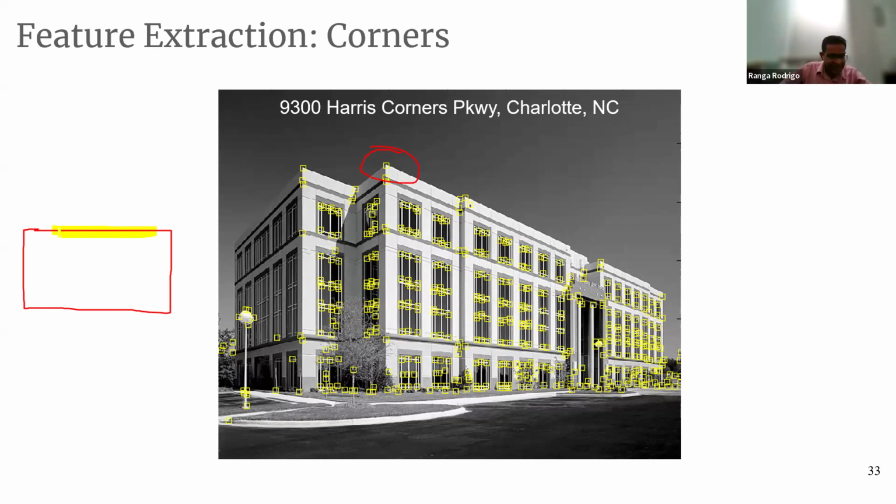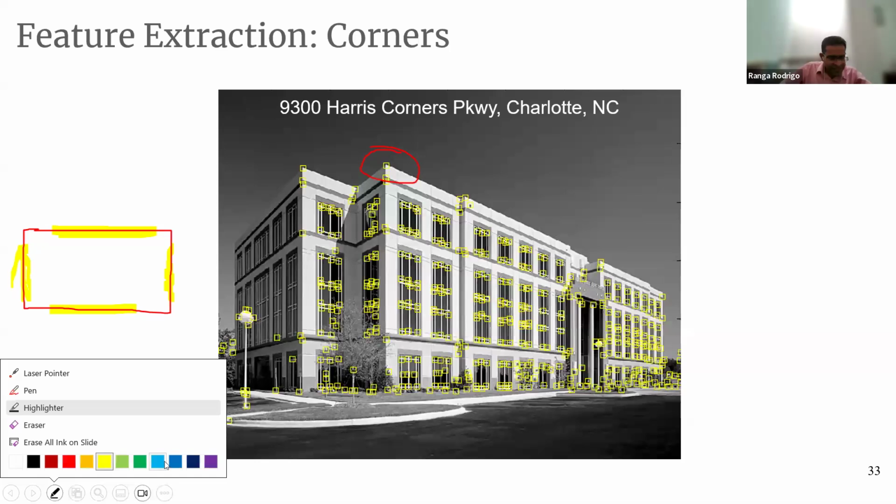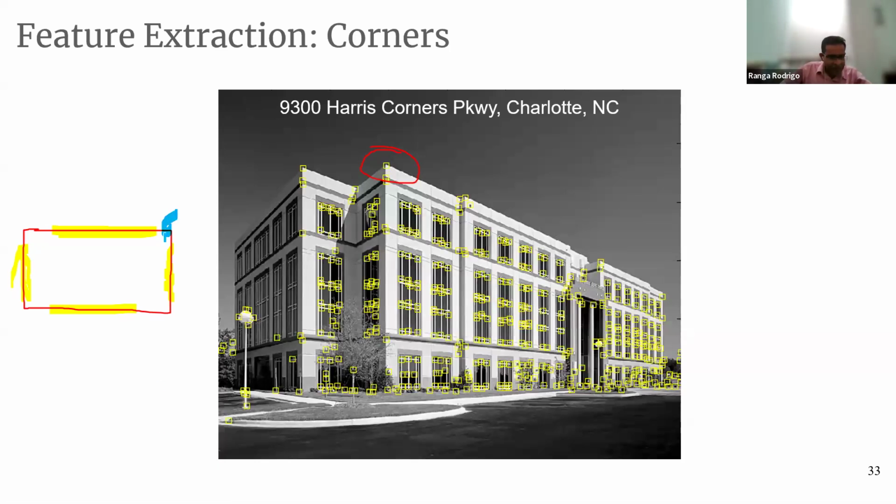That's an edge, and this is an edge. What are corners? This is a corner, and a corner, and a corner.